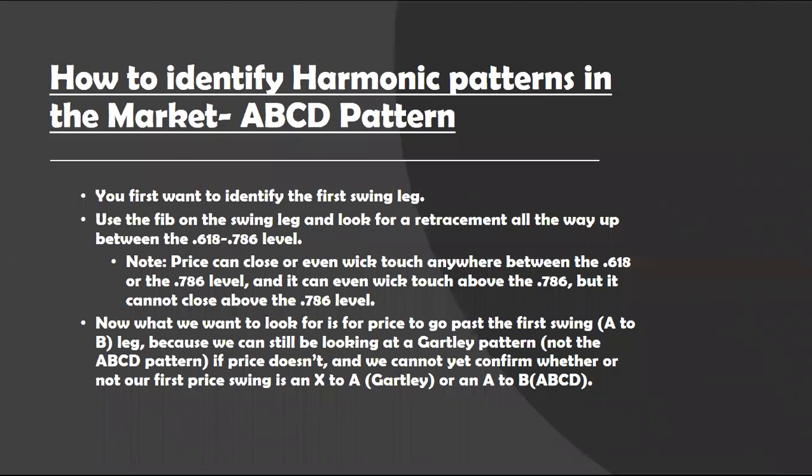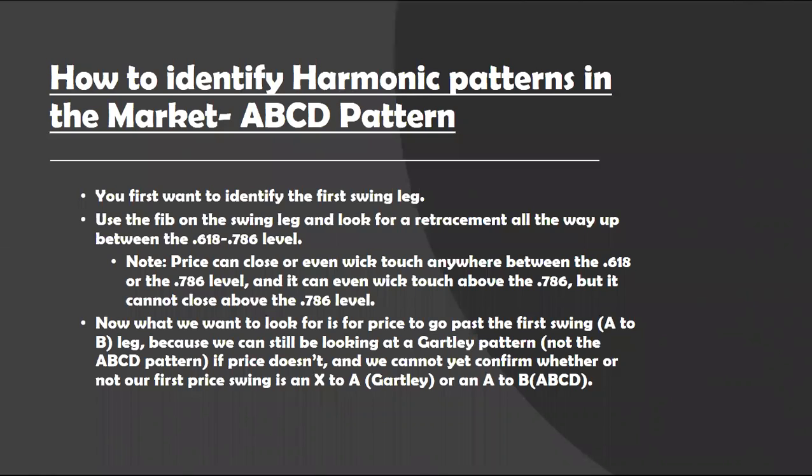Okay, so you first want to identify the first swing. You usually do that, as I talked about before, by using the fib retracement level. That's how you are able to identify your first valid swing with your retracement. Now you use the fib on the swing leg and look for retracement all the way up between the 0.618 and the 0.786 level.